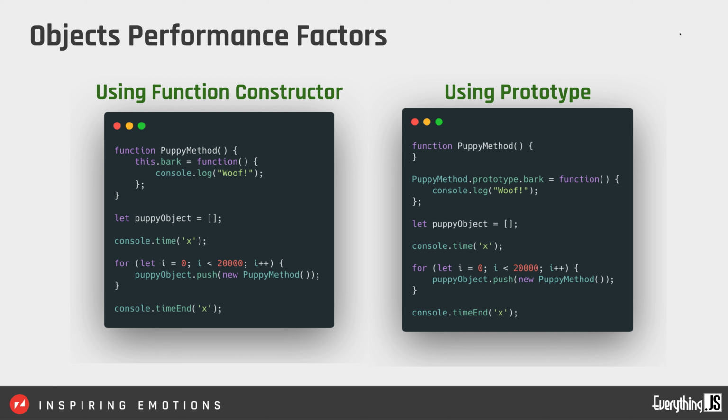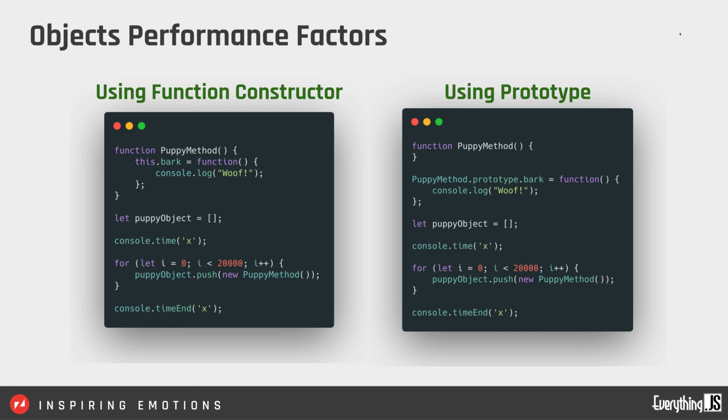He asked the question beforehand, and I gave the answer. You can see that in the first example it will create 20,000 references of the bark function.